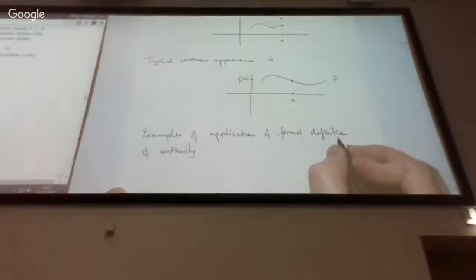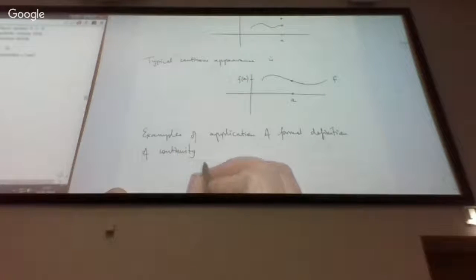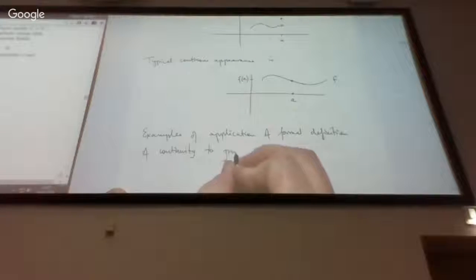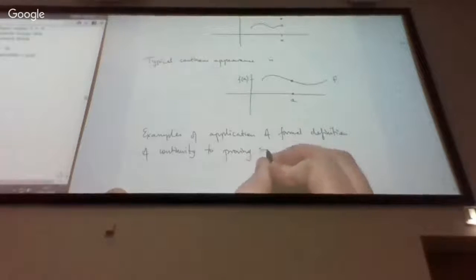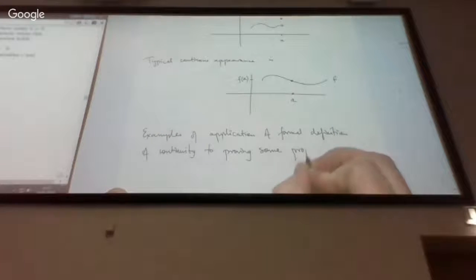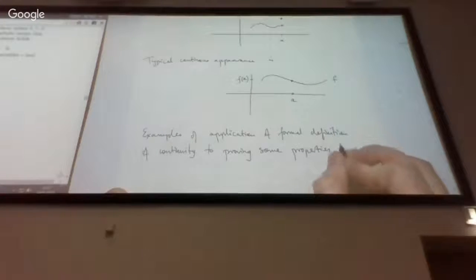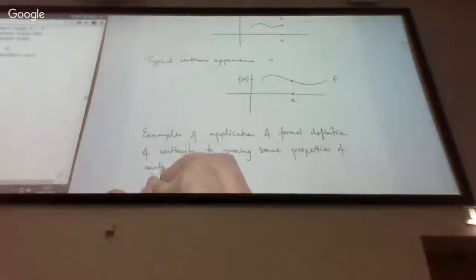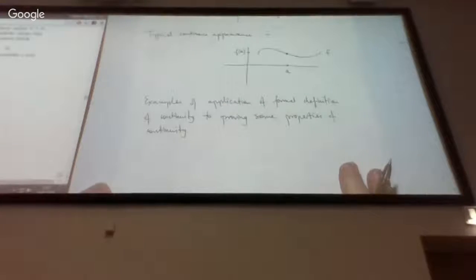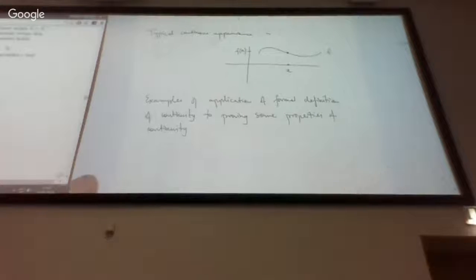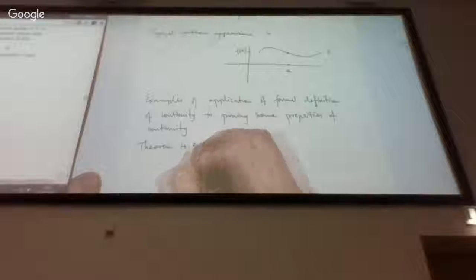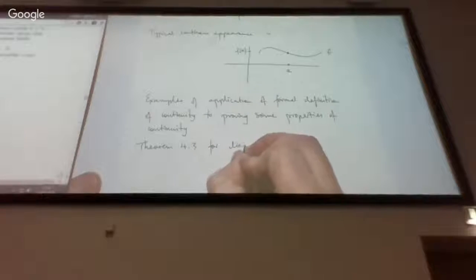These are examples of application of the formal definition of continuity to proving some properties of continuity. The first property we're going to look at is one part of theorem 4.3, for linear combinations.